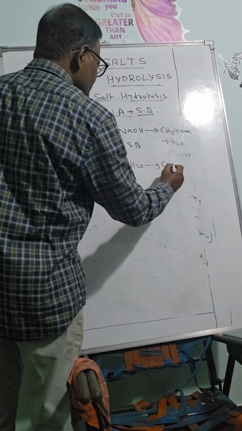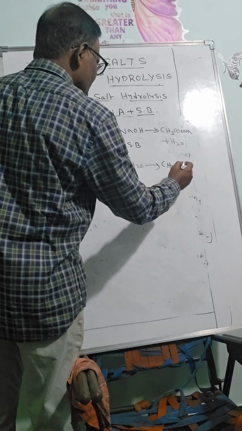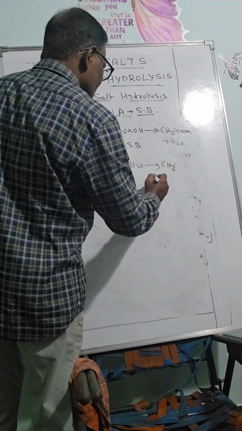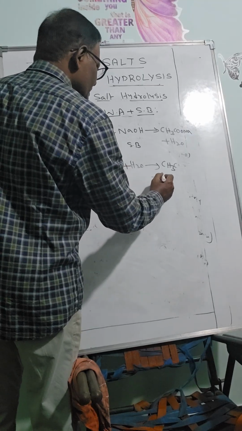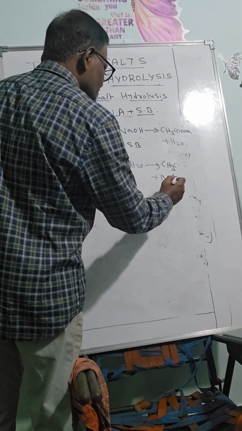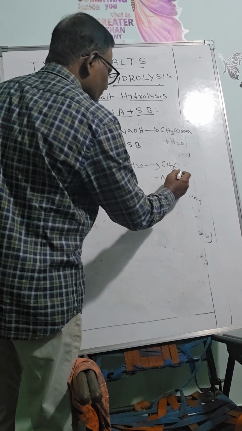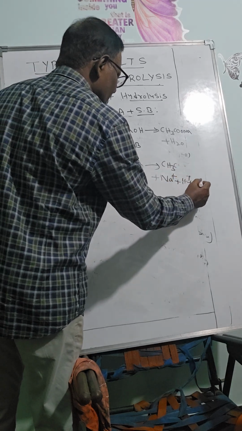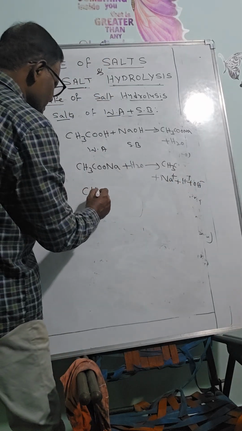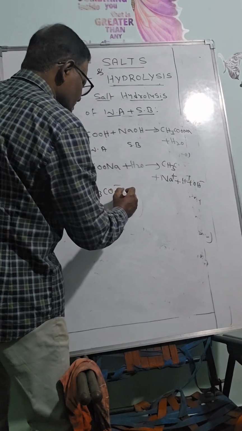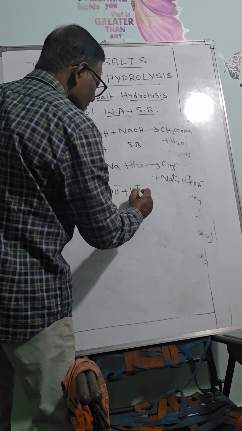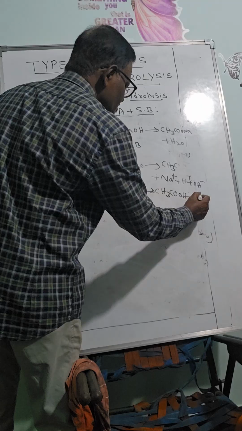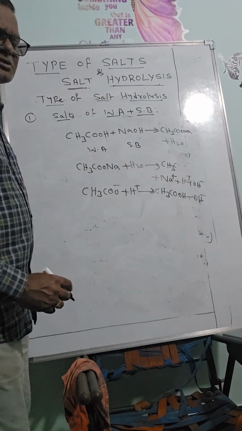What comes here? CH3COO minus, and again Na plus ions. Here also H plus and OH minus ions are there. What happened here? CH3COO minus ion undergoes hydrolysis, combining to get CH3COOH plus producing OH minus ions.